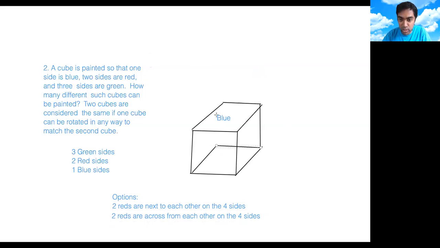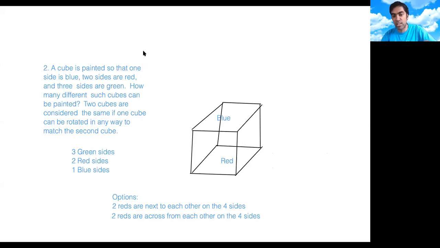We've only looked at the four sides, right? So now I could actually have the red on the side opposite the blue. So effectively the bottom in this image. If I put one red on the bottom, now the other red could be any of the other four sides. So this is the last case. All the other four sides are the same.